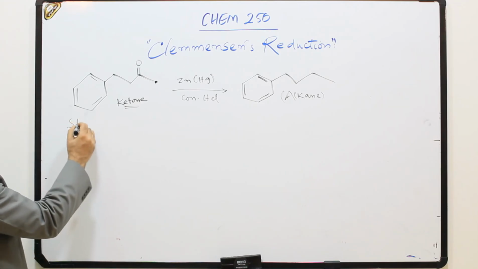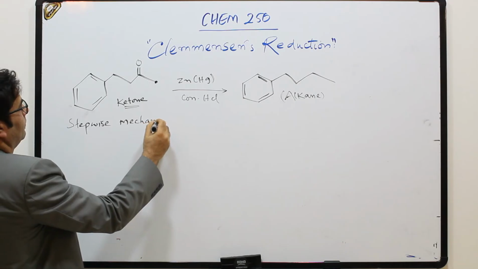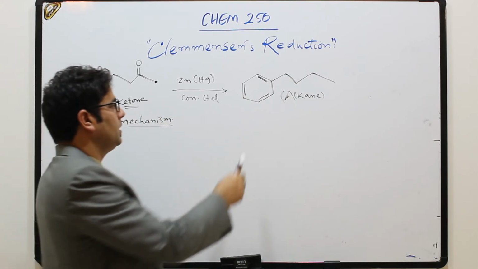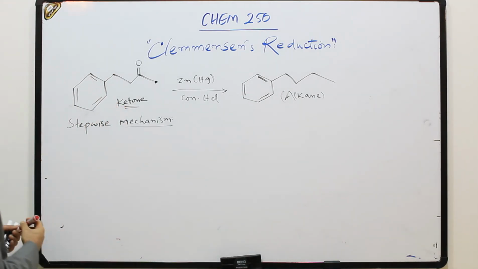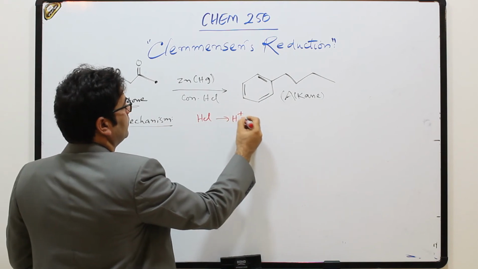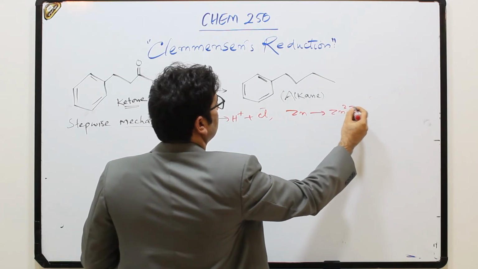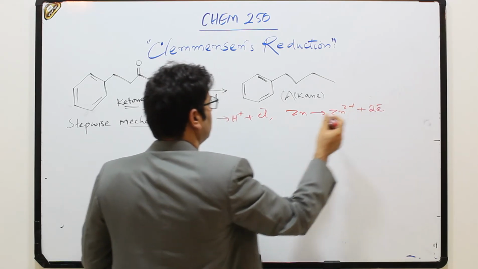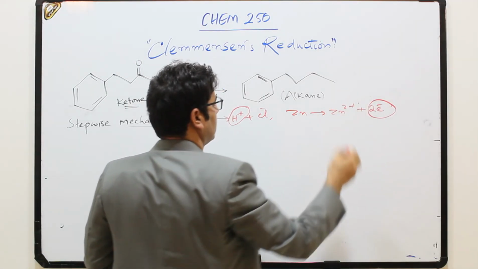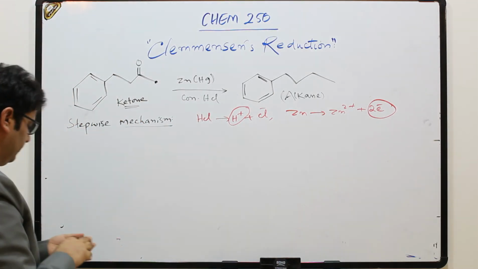Now the stepwise mechanism. In the stepwise mechanism, I will take this one first. Keep in mind HCl will give H positive, Cl minus, and zinc will give zinc 2 positive plus 2 electrons. We have to use this H positive and these 2 electrons in the mechanism.